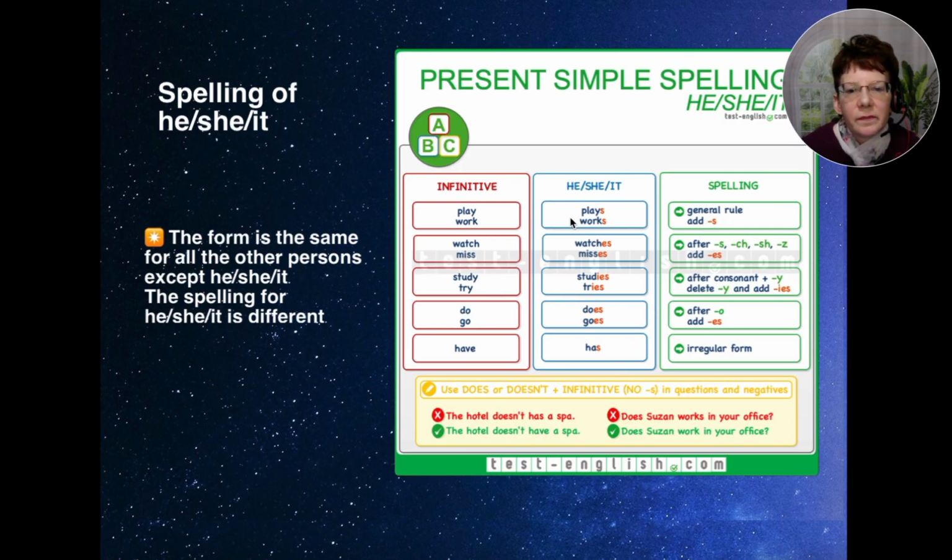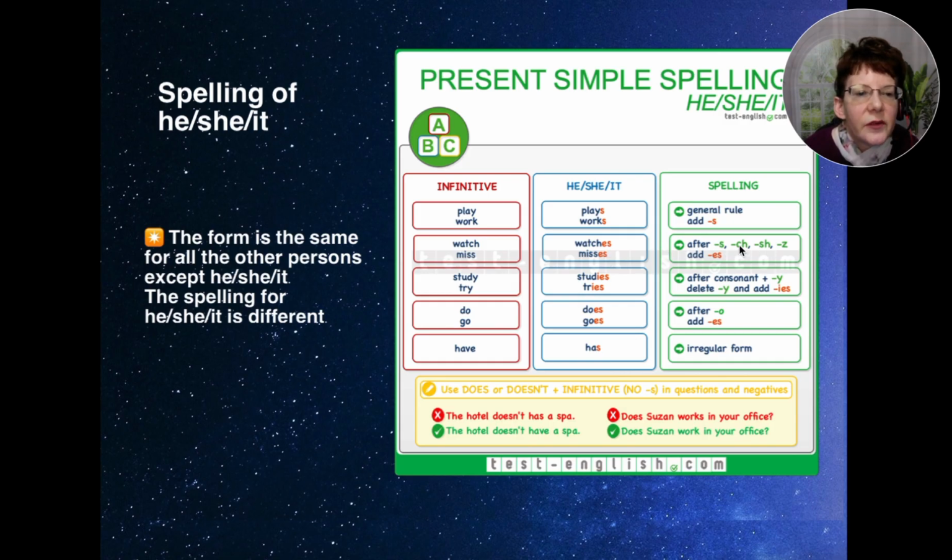And then for verbs that end in CH or SS, for example, for third person, right here, we add ES. So watch becomes watches, and miss would be misses.